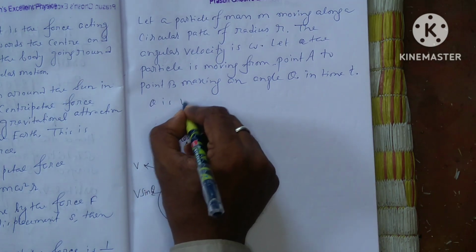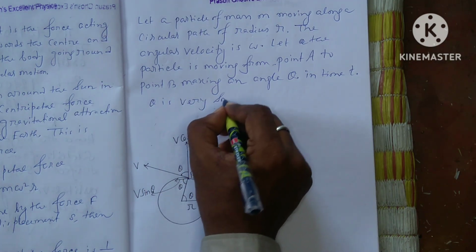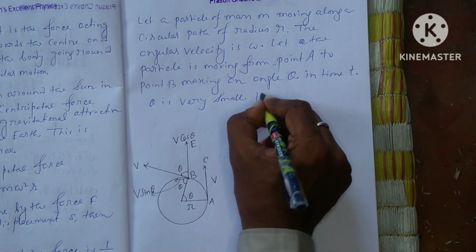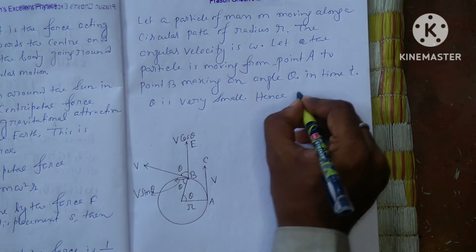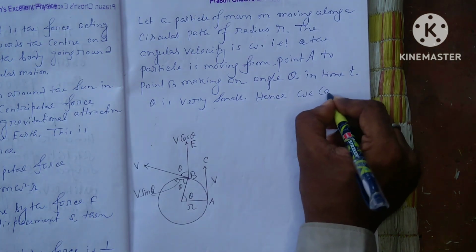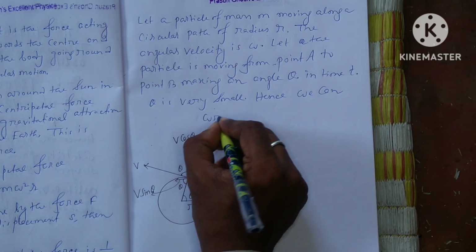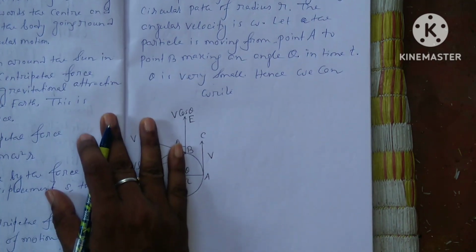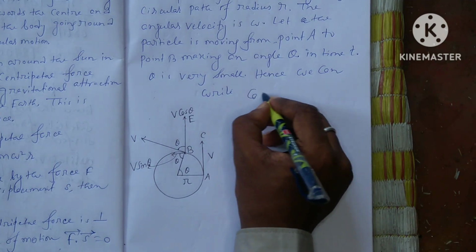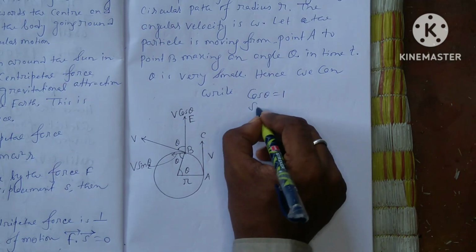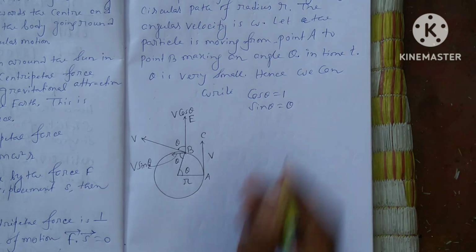Theta is very small, hence we can write cos theta equal to 1, sin theta equal to theta.